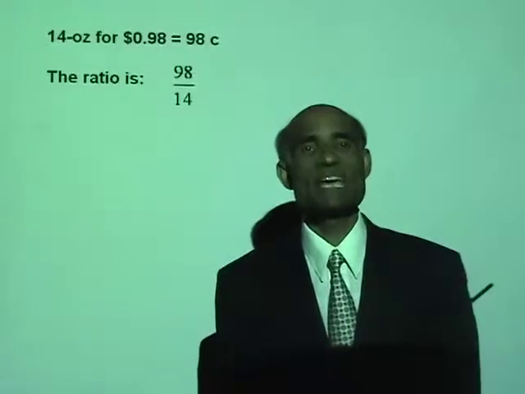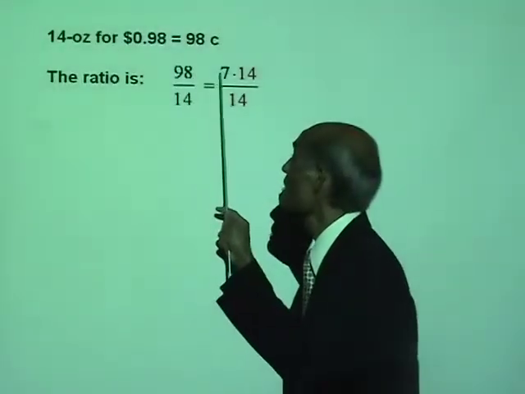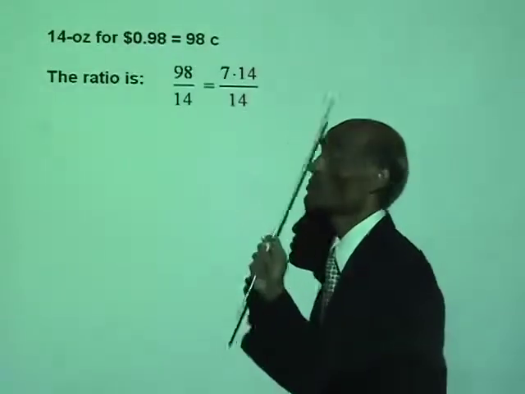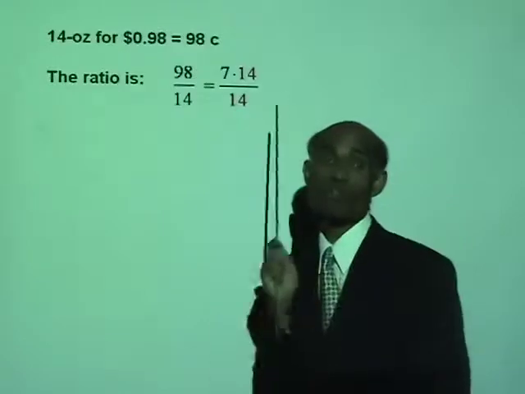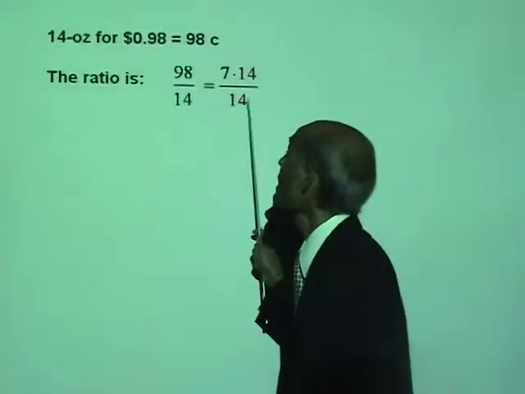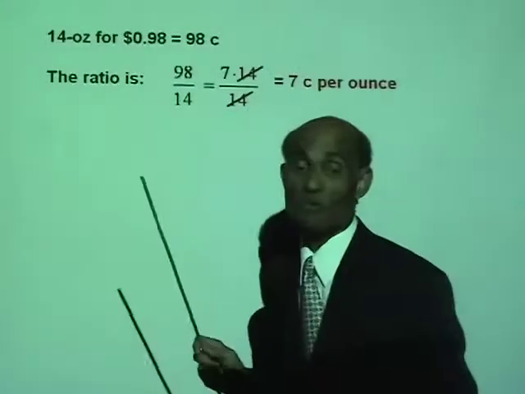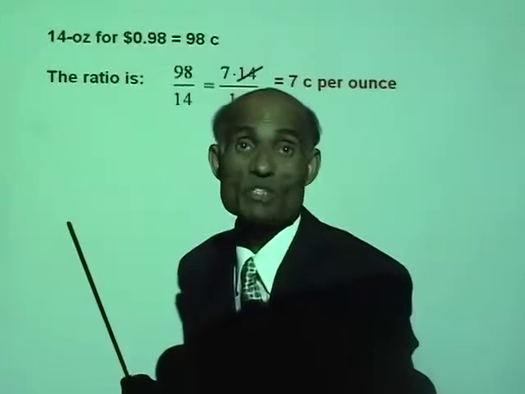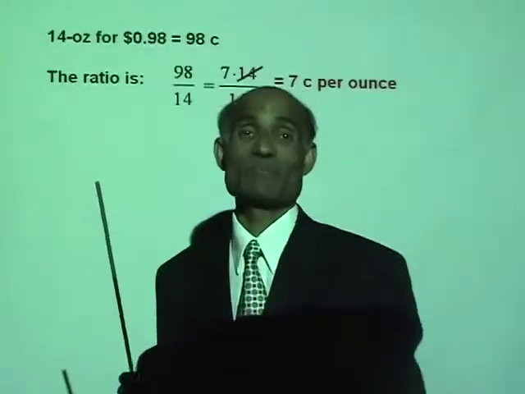What is 98 divided by 14? 98 can be factored as 7 times 14. I stopped it at 14 because I have a 14 there. And the 14 and 14 go. What does it tell you? The first ketchup is costing you 7 cents for an ounce.